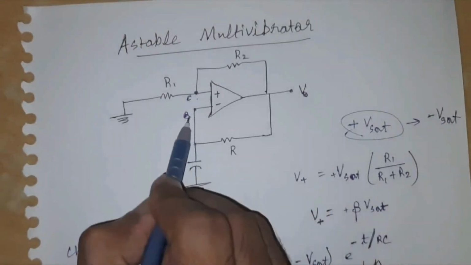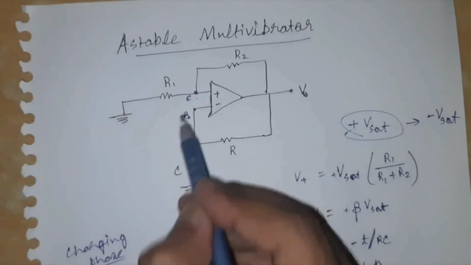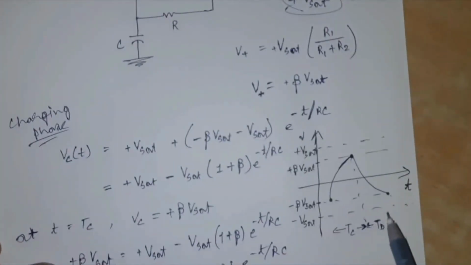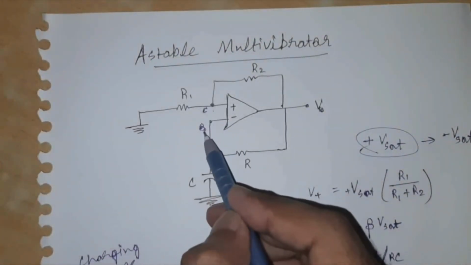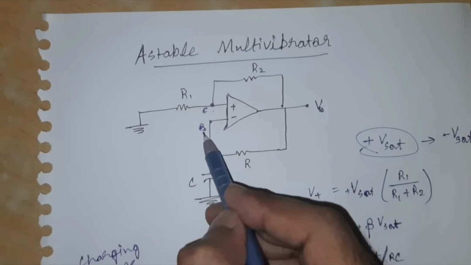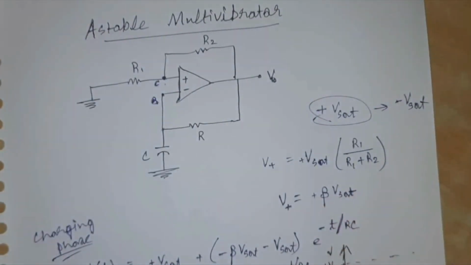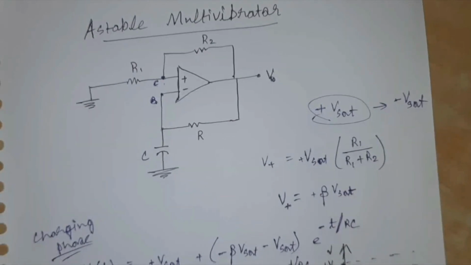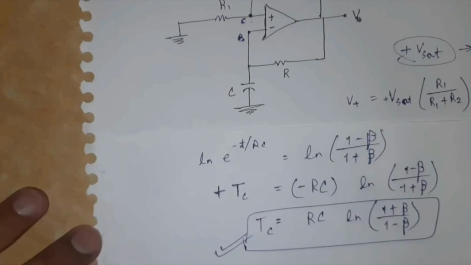So when the voltage across this capacitor, Vb, comes below minus beta Vsat, automatically Vc will be at a higher potential than this Vb. So again the voltage transitions from minus Vsat to plus Vsat. So moving on with the analysis of the discharging phase.